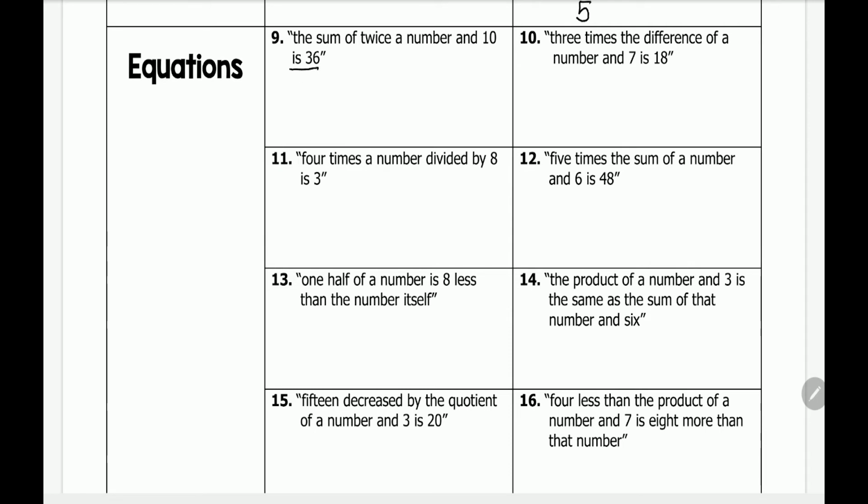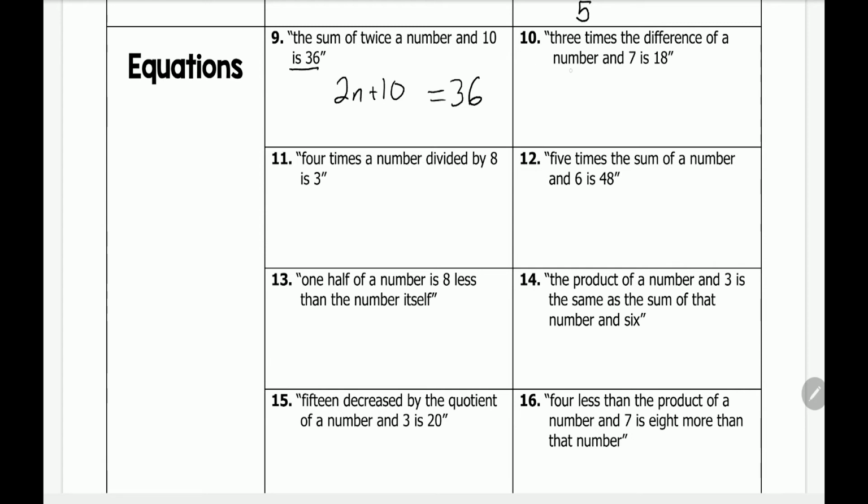We know is an equal sign, and 36 is what it's equal to. So the sum of twice a number, twice a number would be 2n, and 10. Since it's a sum of twice the number and 10, that means we're going to have 2n plus 10. And we're going to set this equal to 36 because we know that it is 36.